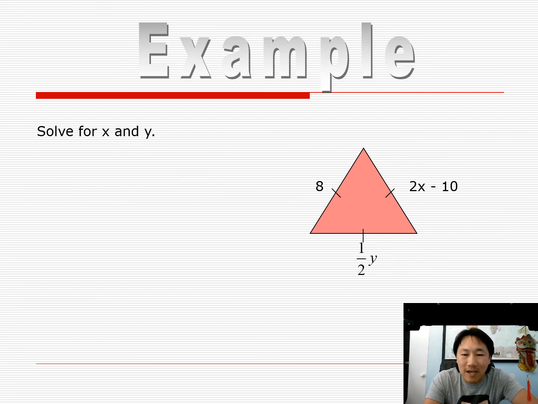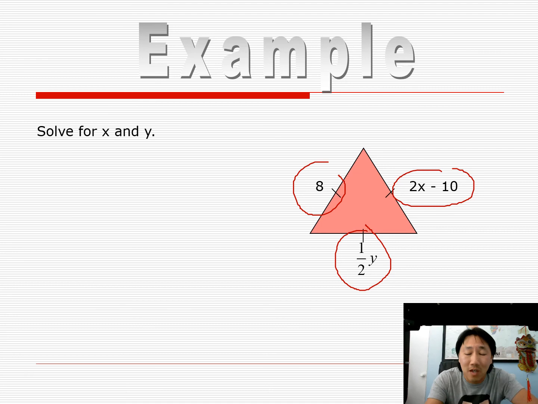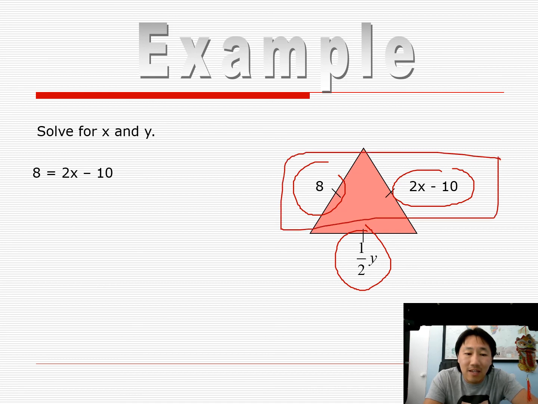Solve for x and y. It turns out that all three sides are the same. How do you set all three equal to each other? You don't set all three equal to each other. You just set two at a time. Let's do these two first. 8 equals 2x minus 10.